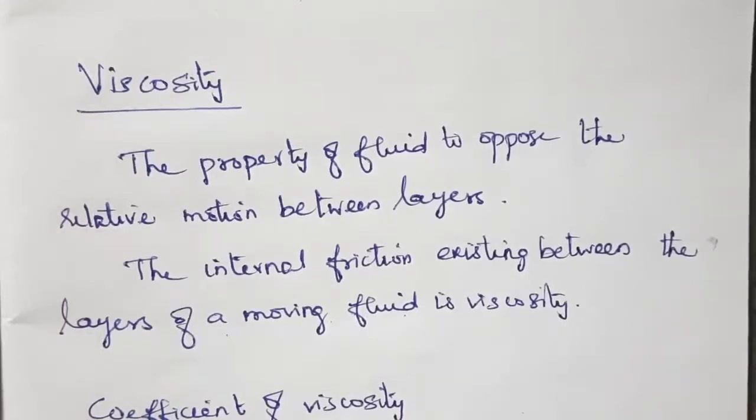When an object is in contact with a surface, we will have friction, isn't it? So when a fluid moves relative to a solid, or when two fluids move relative to each other, a frictional force occurs. The resistance to motion is friction. So resistance to fluid motion is similar to the friction produced when a solid moves on a surface. So this is about viscosity.